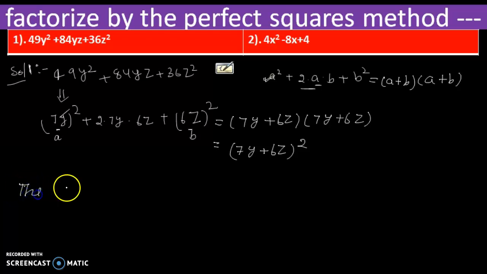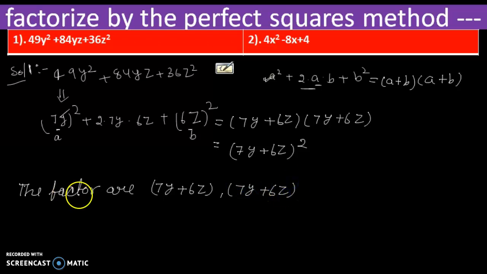the factors are 7y plus 6z, comma, 7y plus 6z, and because this is in the form of a whole square, we can write it is a perfect square.